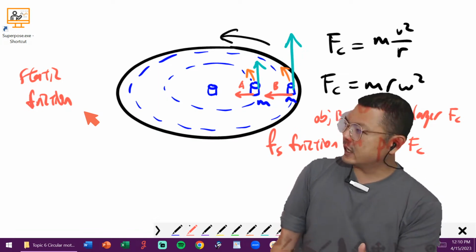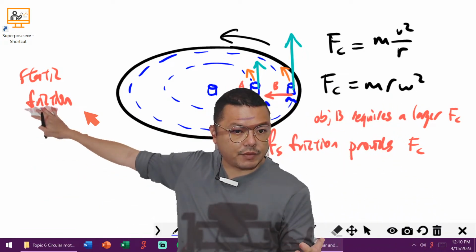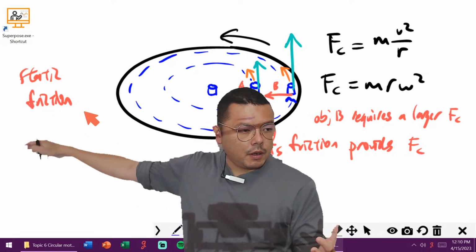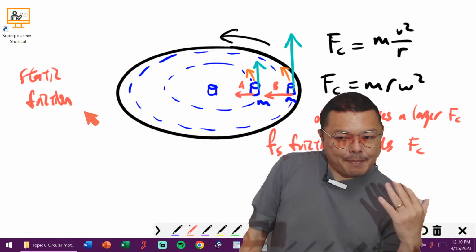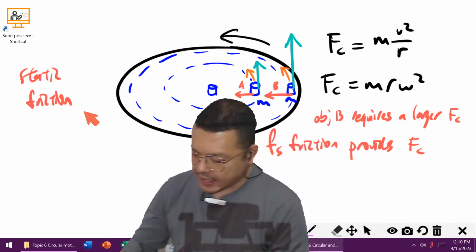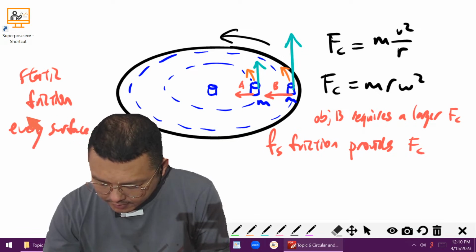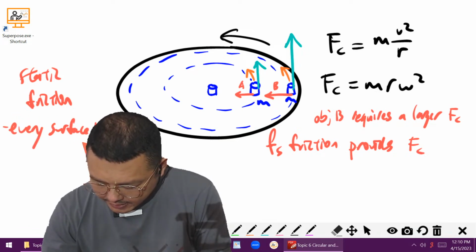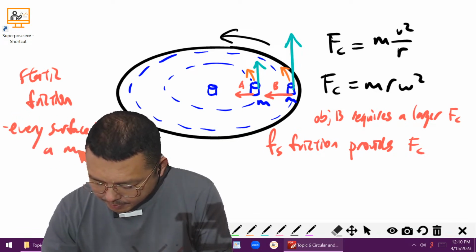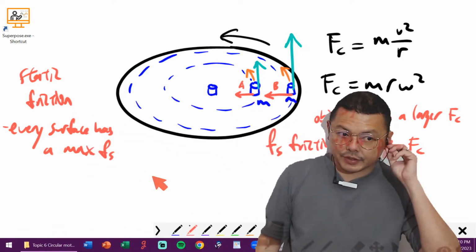Okay, so static friction prevents the object from moving. Right? But for any surface, is there a maximum static friction that you can exert? Every surface has a max Fs. Any surface has a maximum static friction.